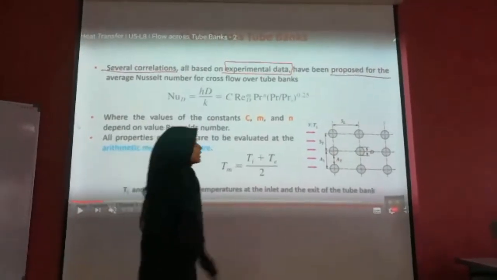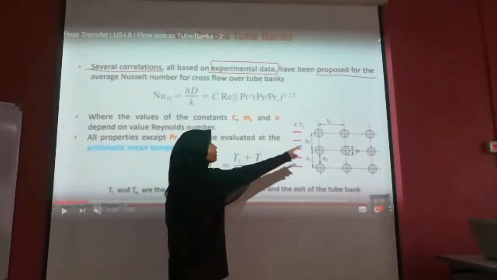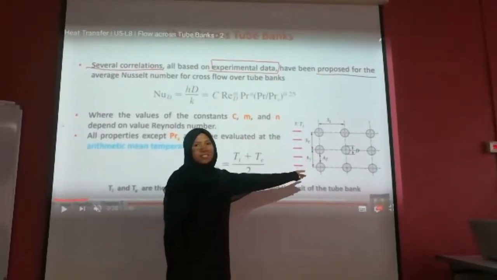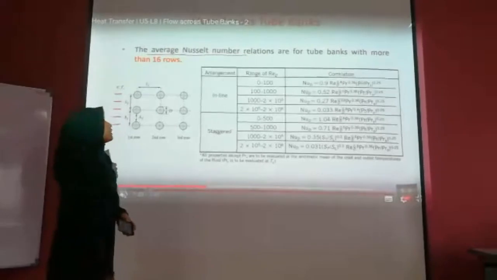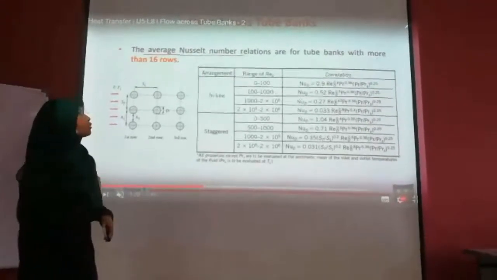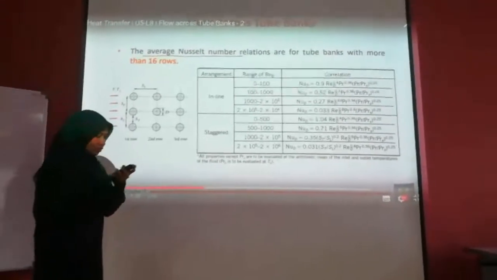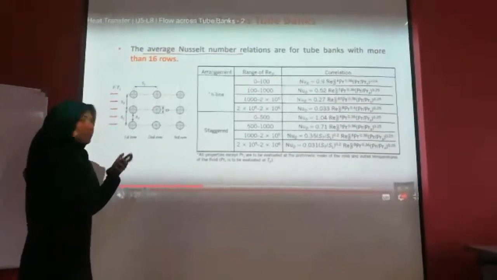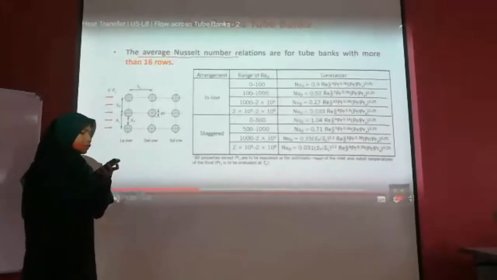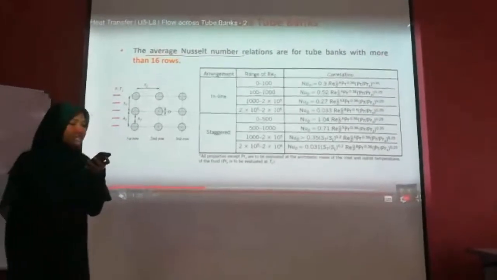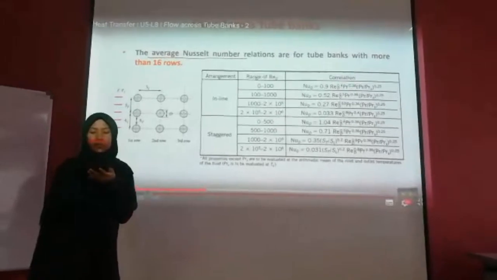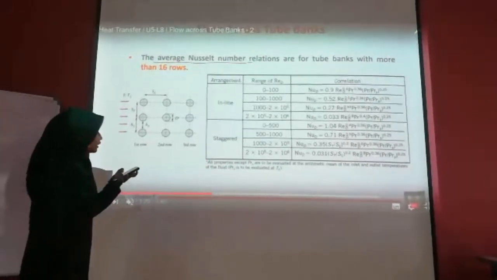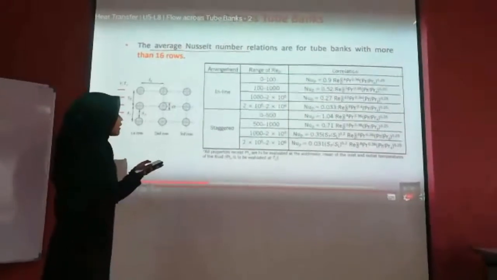It can be seen in this diagram. The average Nusselt number relations are for tube banks with more than 16 rows. This table can be seen in Table 7.2: Nusselt number correlation for cross flow over tube banks for N more than 16 and 0.7 less than Pr.